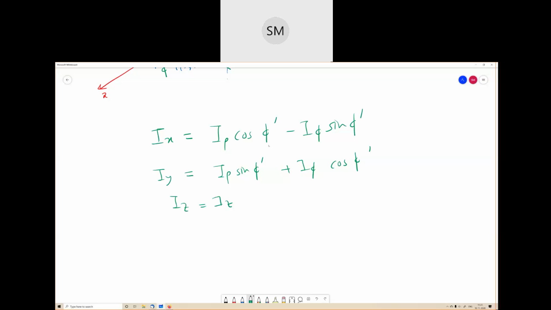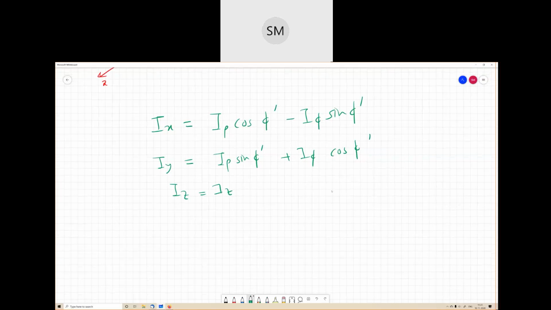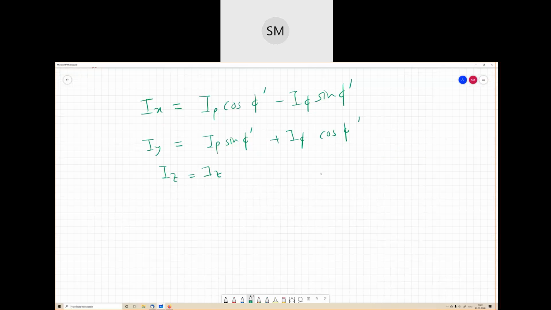On the other hand, the radiated field is usually determined by spherical coordinates. Okay, what you have seen.